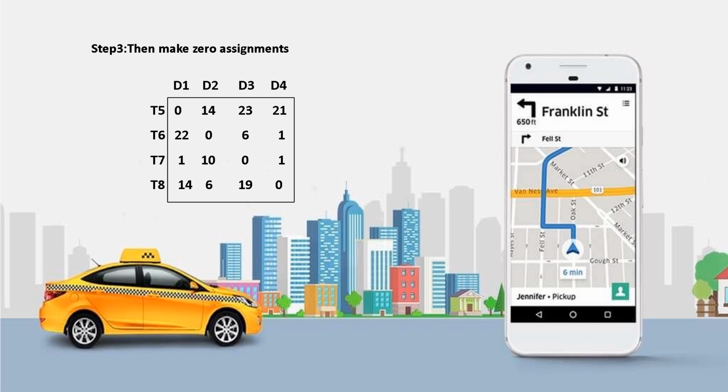Make zero assignments. Starting with row 1 of the matrix obtained, examine all rows having exactly one 0 element. So in the first row, we find this first 0. Enclose this 0 in a box, showing that the assignment is made there.